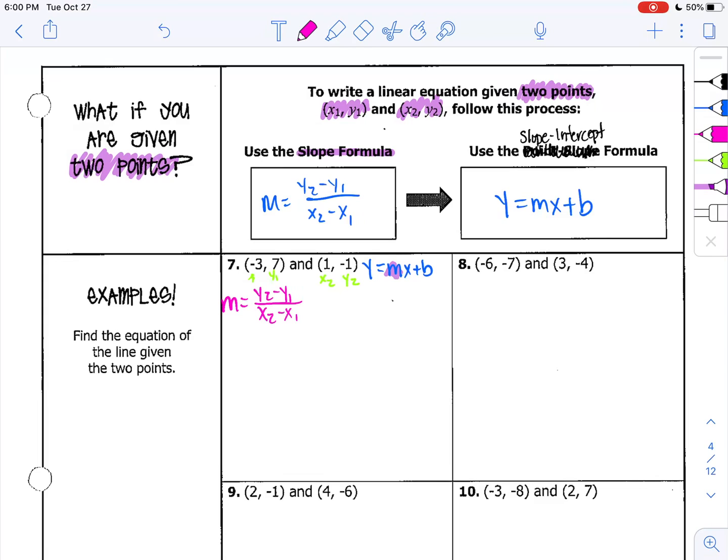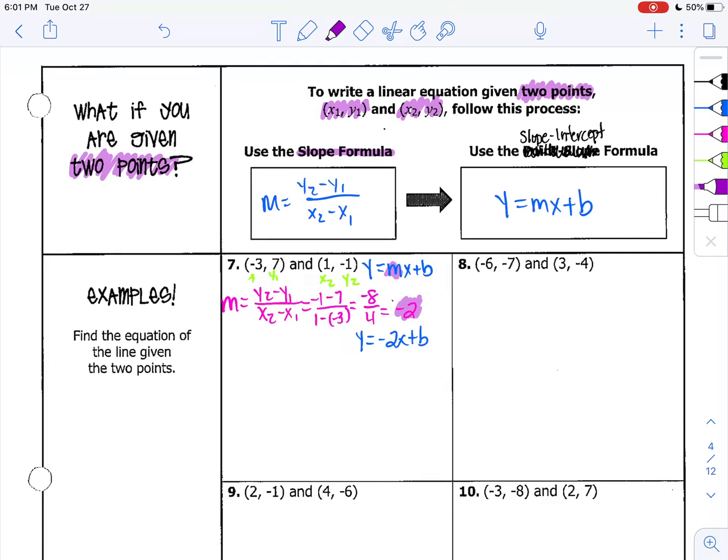Once those are labeled, we can plug them in. -1 minus 7 over 1 minus -3, which would result in -8 over 4, which equals -2. So we know that our slope is -2. So we can go ahead and start building our equation with that information. y equals -2x plus b.